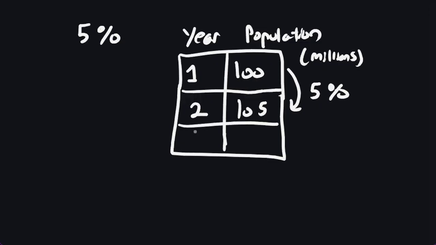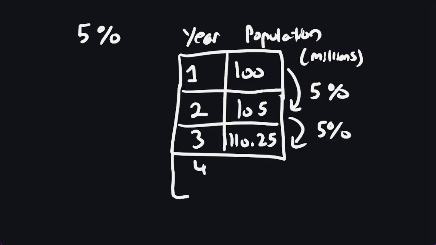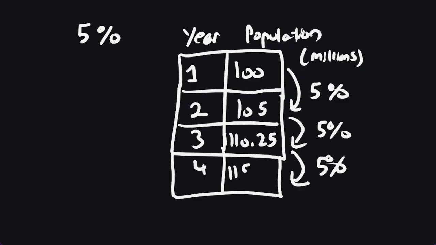Year 3, the population increases 5% again to 110.25. And then in year 4, the population again increases by 5% to 115.7625, roughly.